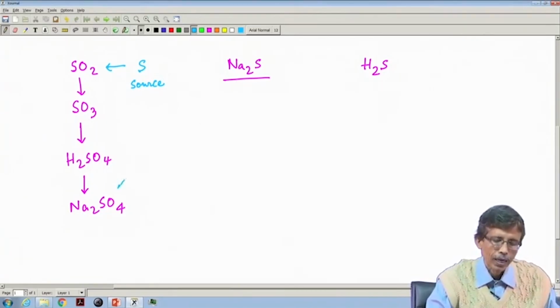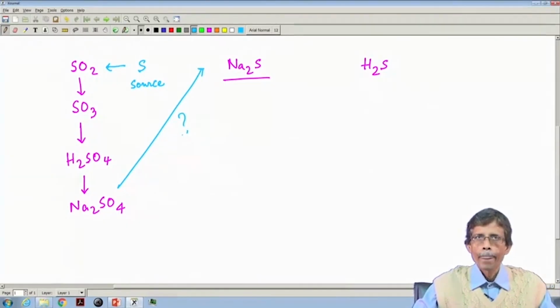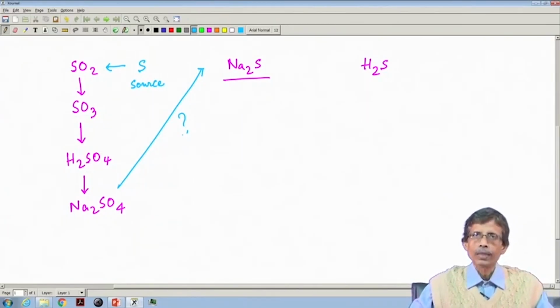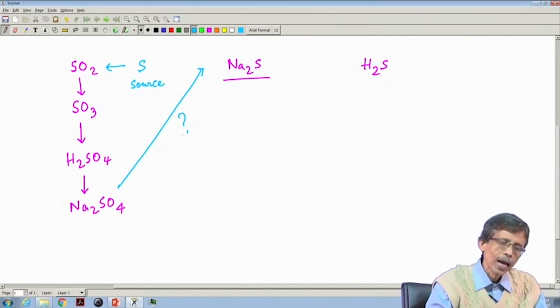Now, how will you make this? It will be a very cheap source in your hand, because a large amount of sodium sulfate you can make from sulfur, the elemental sulfur, the ore sulfur or the mineral sulfur you have as a reserve. Sulfate is the anion present and you convert it to sulfide, so we should go for reduction.